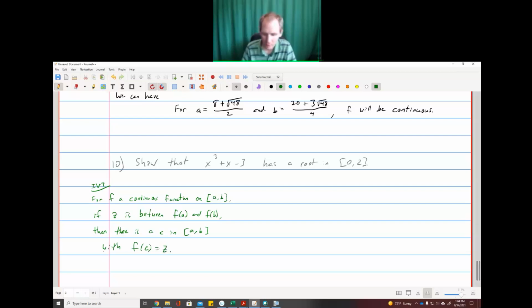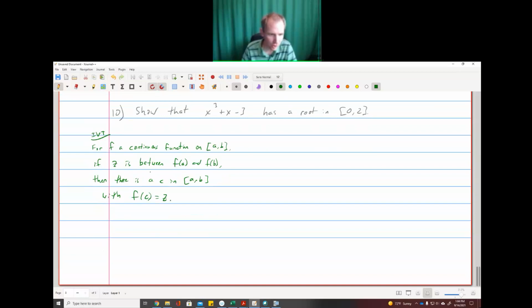Just to illustrate what's going on here with a picture, if I have a continuous function, let's suppose here's my a and here's my b. So here's f of a and here's f of b. And you pick any y value in between f of a and f of b. So suppose I pick a z here.